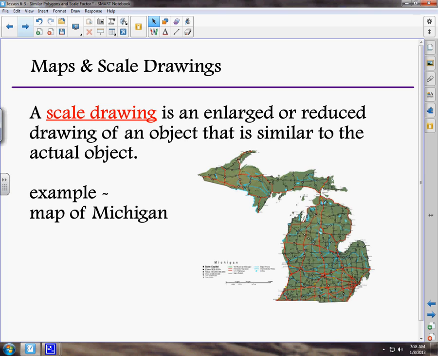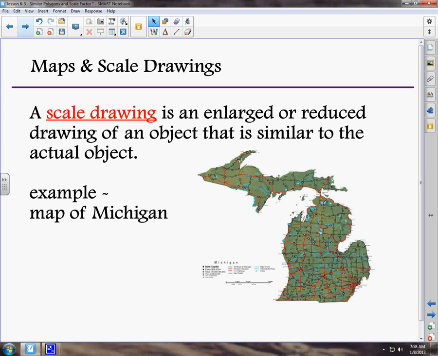All right. Lastly is maps and scale drawings, and this should just be a quick little review. A scale drawing is an enlarged or reduced drawing of an object that is similar to the actual object. So here's a scale drawing of the map of Michigan.